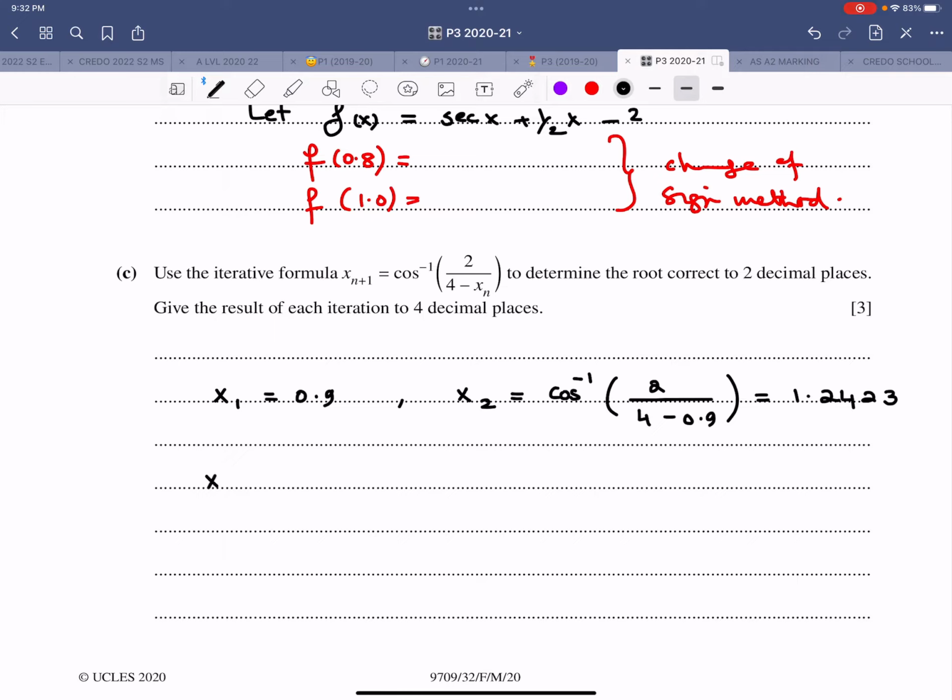Try out again. x2 is 1.2423. Therefore x3 is cosine inverse of 2 over 4 minus 1.2423. Use the 4 decimal place value.